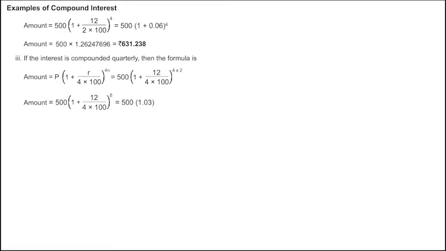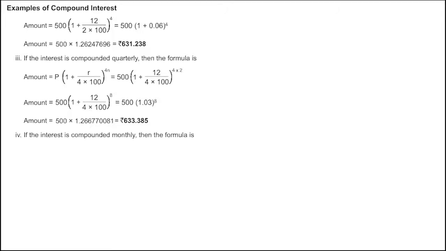That is 500 into 1.03 whole raised to the power 8. The value of 1.03 whole raised to the power 8 is 1.266770081. So when this value is multiplied by 500, we get rupees 633.385, correct up to 3 decimal places.